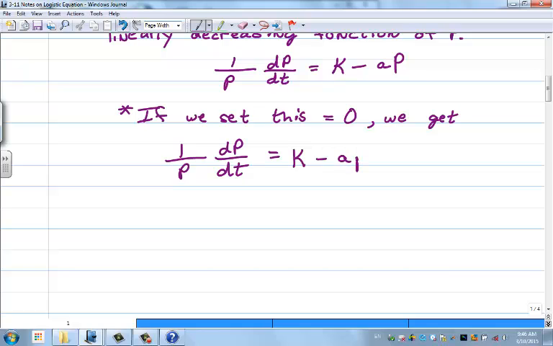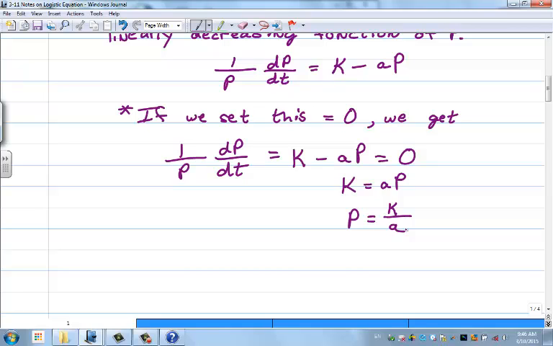And then we're going to take that and set it equal to 0. So we end up getting K equals A times P, or P equals K over A.